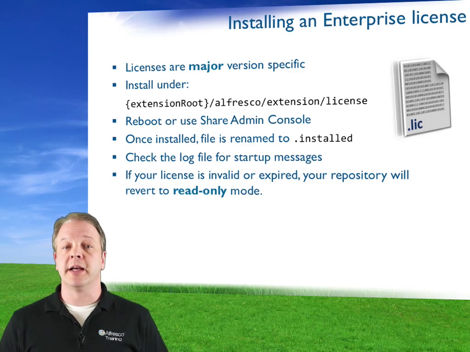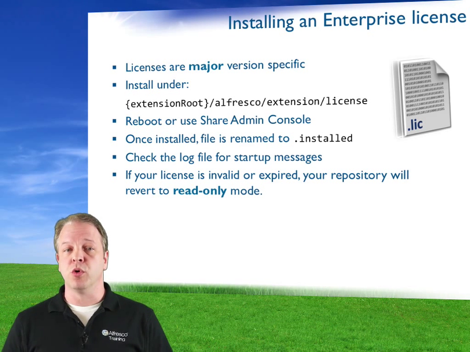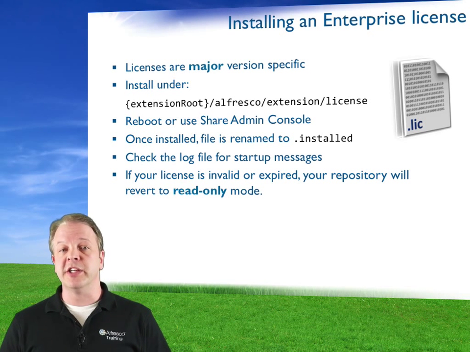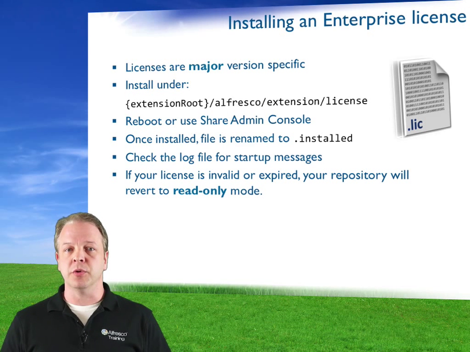You will place your .lic file that you download from your support account into this directory structure and either reboot your server, or you can use the Share Administration Console license descriptor tool in order to load your license. Once that license is installed, the file will be renamed to .installed. That's one indicator you know that the system has found your license.